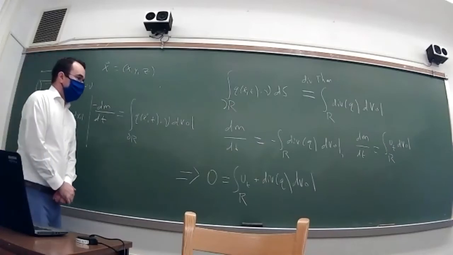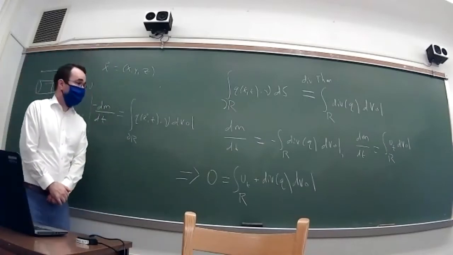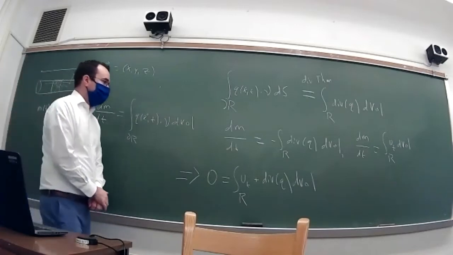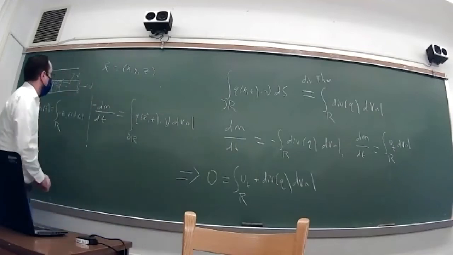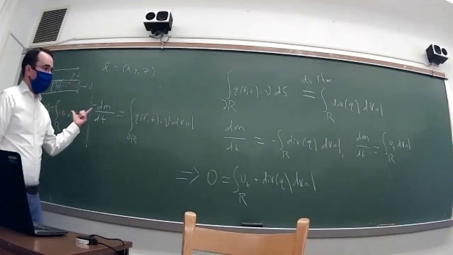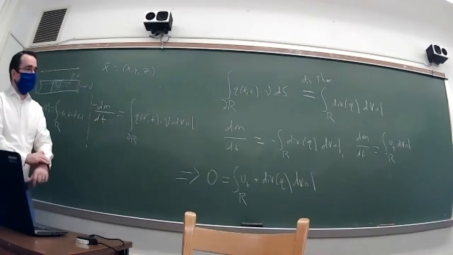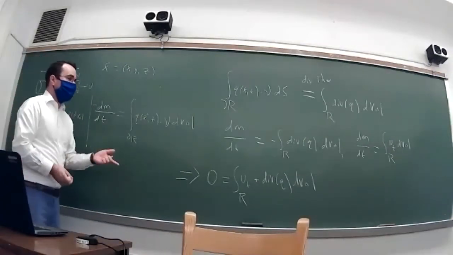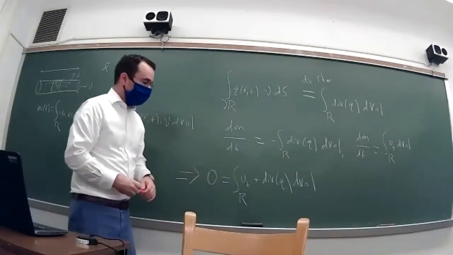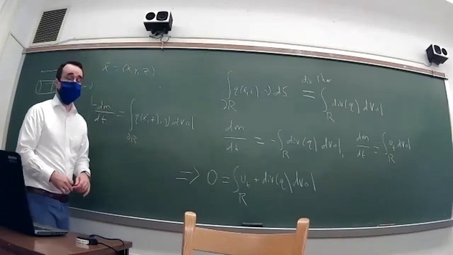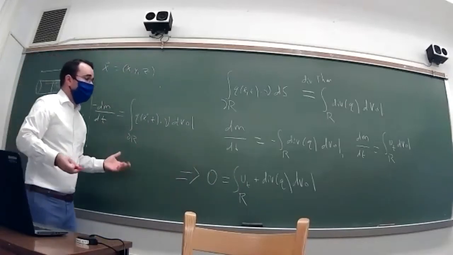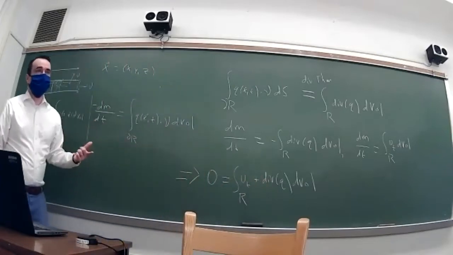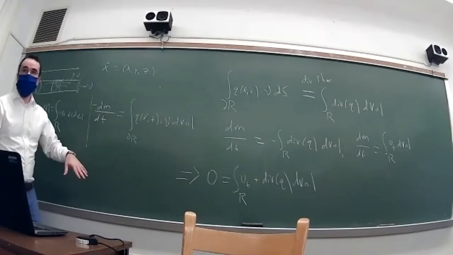This is kind of like the analog of our first transport equation. In a similar way that I showed that if you integrate a quantity from A to B, and that quantity is continuous, and A and B are arbitrary, then if the integral is 0 for every A and B, the integrand must be 0. The same thing is true here. If this integrand were non-zero at any point, it would be either positive or negative.